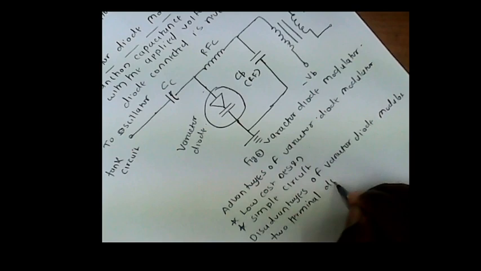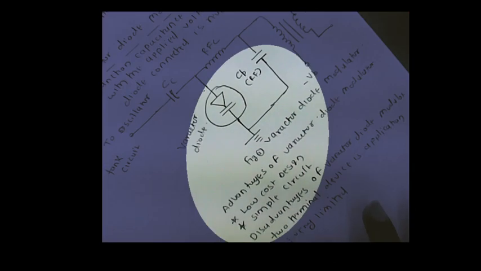The drawback is that, because it is a two terminal device, its application area is very limited. That is a drawback of this varactor diode modulator.